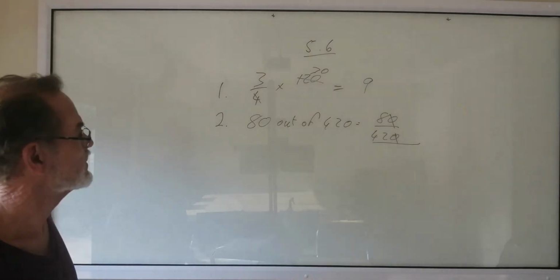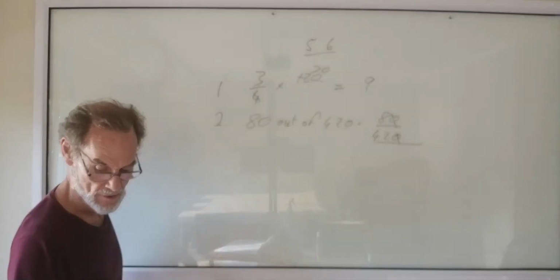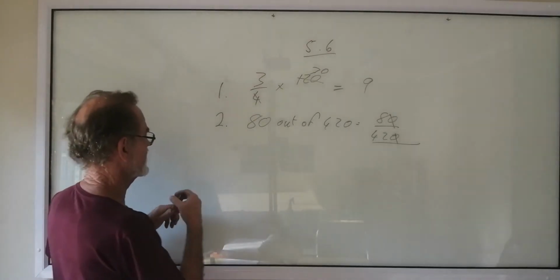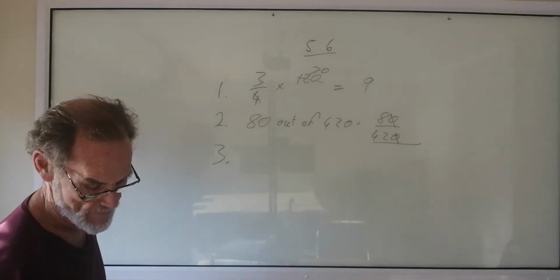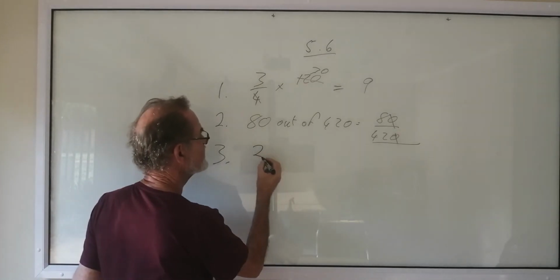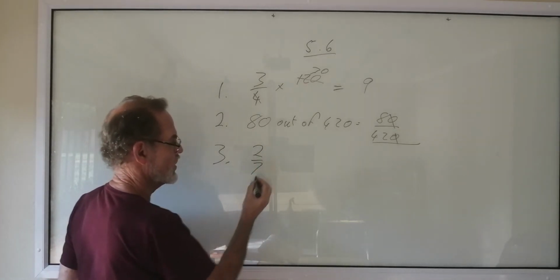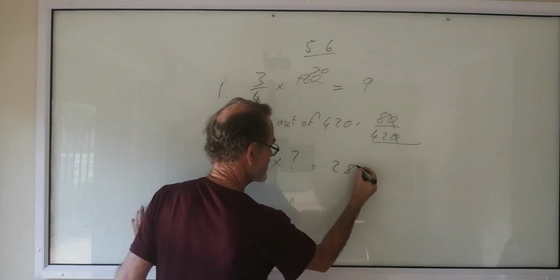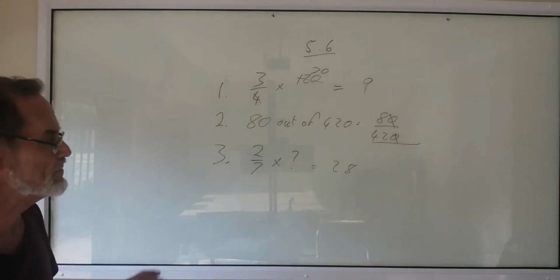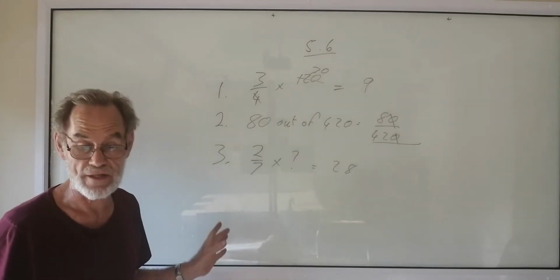Number 3, I'm going to put up number 3 here. Question 3 is 2/7 of something is equal to 28. Okay? Now, you haven't done manipulation of equations yet.